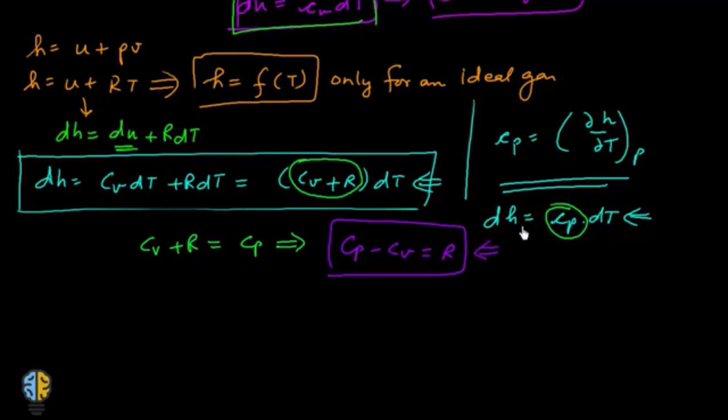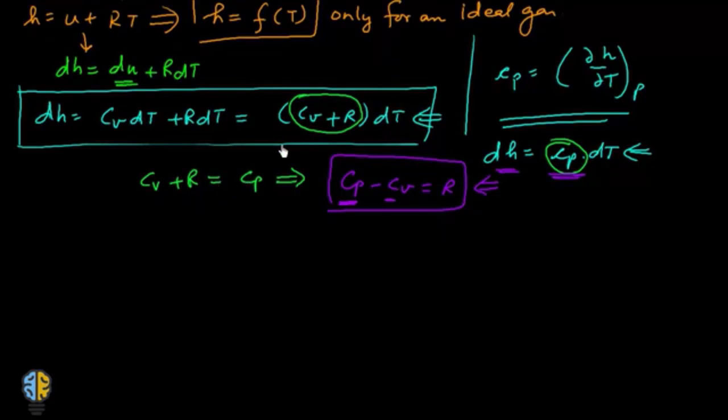Now this equation, that is dH is equal to Cp dT, holds good for an ideal gas even when the pressure changes. But for any other substance, this is true only for a constant pressure change. Now this is the difference of the specific heat capacities. Now let's talk about the ratio.